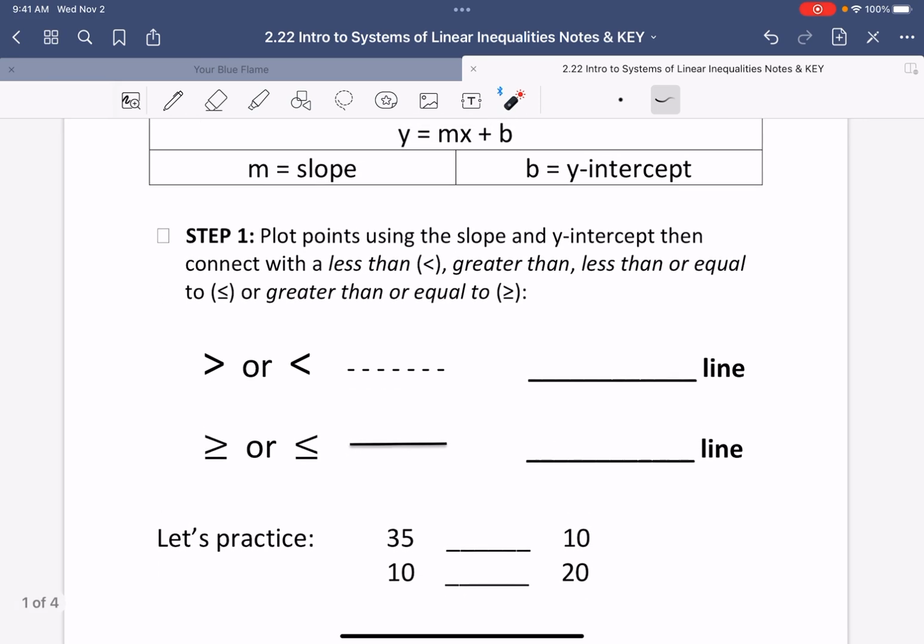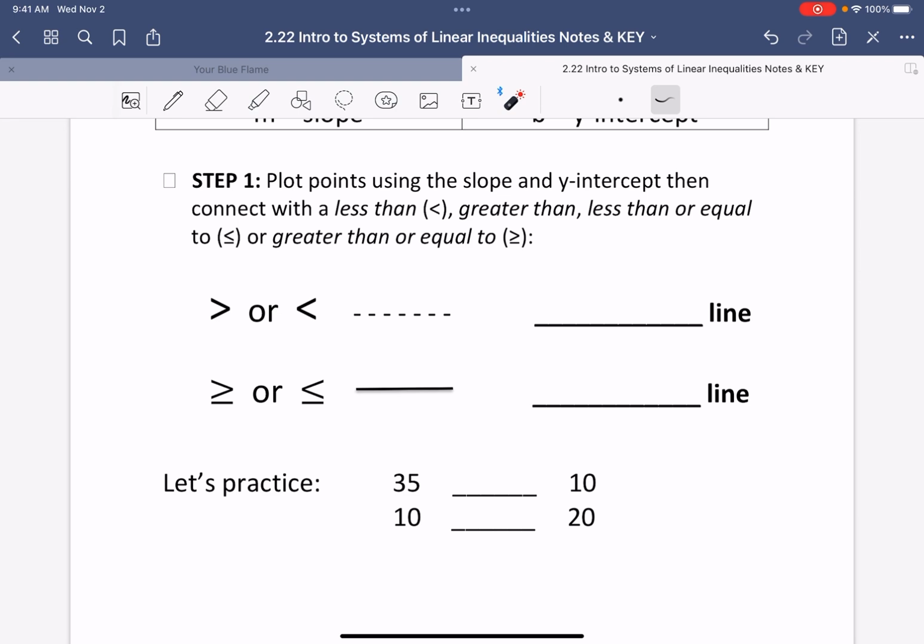For your first step, you're going to plot your line just like you did before. You look for your slope and your y-intercept, then connect the dots using either a dashed line or a solid line. If it's greater than or less than, you write a dashed line.